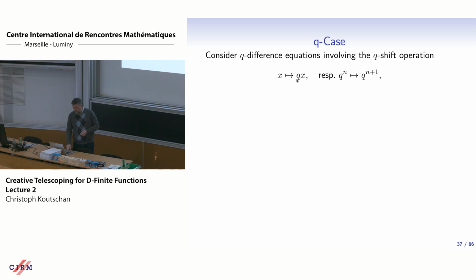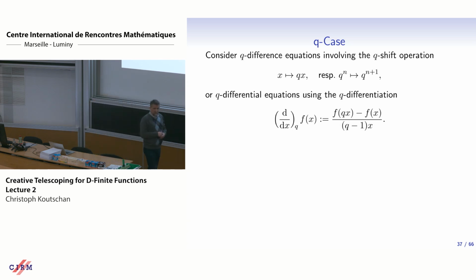So the Q difference operator, if it acts on the variable x, sends x to Q times x. And Q is a symbol that is introduced. Or sometimes in combinatorics you prefer to write it in terms of powers of Q, and then Q to the n is sent to Q to the n plus 1. So then this x plays the role of Q to the n.